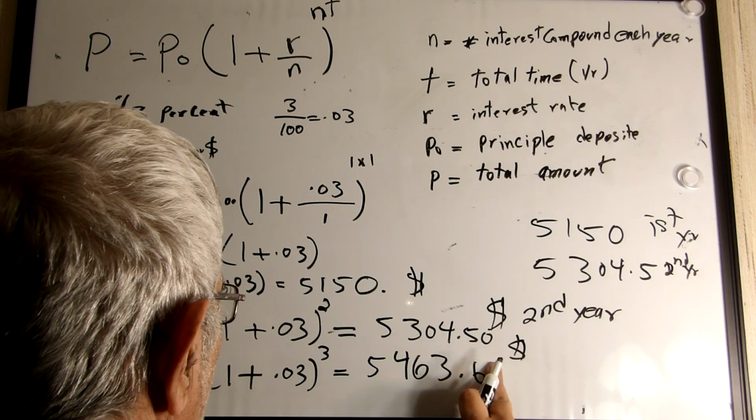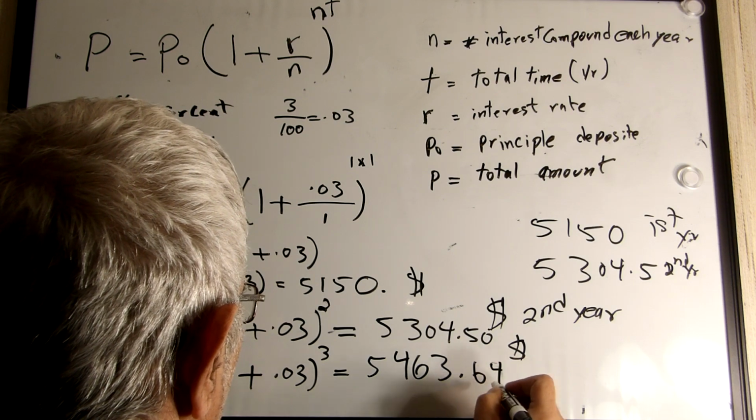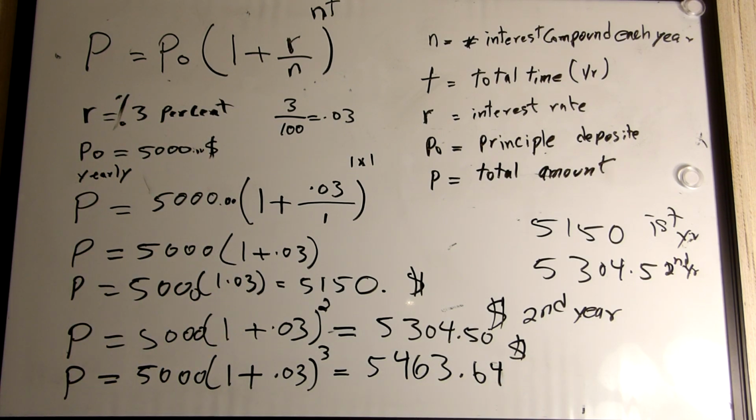We rounded to 2 decimal places: 5,463 and 64 cents.